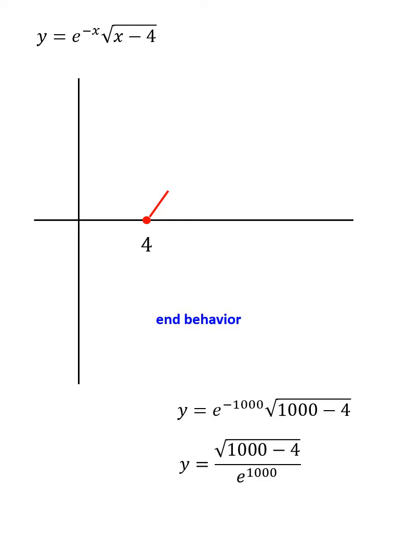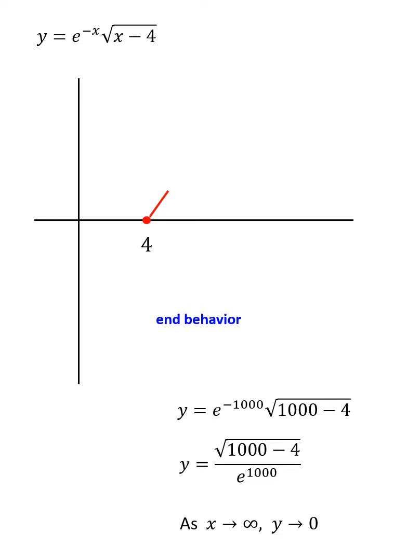Now again, there's nothing special about 1,000, but plugging in a big number like this and seeing the gigantic denominator and knowing that gigantic denominators lead to incredibly small answers, we should be convinced that as x gets bigger and bigger, y is going to shrink closer and closer to 0. In math we say, as x approaches infinity, y approaches 0 for circumstances like that.